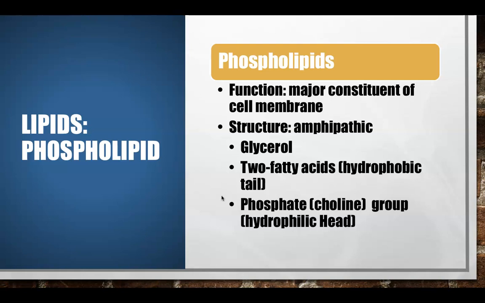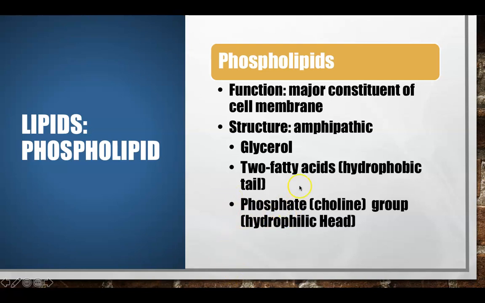Now, our next type of lipid is a phospholipid. And again, phospholipids are what we call amphipathic because they have that glycerol backbone with 2 fatty acid chains attached and a phosphate head. Now, this phosphate group is a hydrophilic side because remember, water is polar. Water likes things that carry a charge or a slight charge.